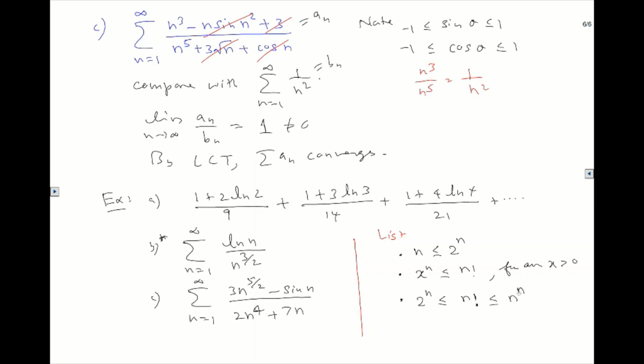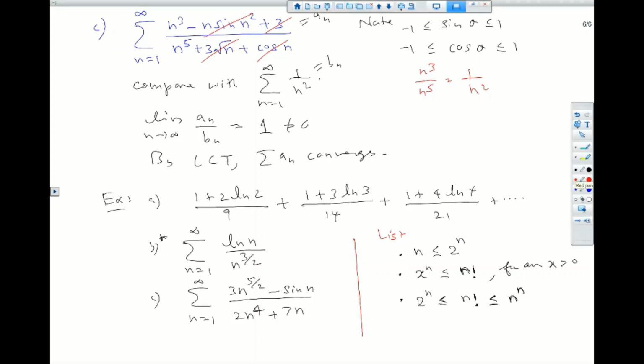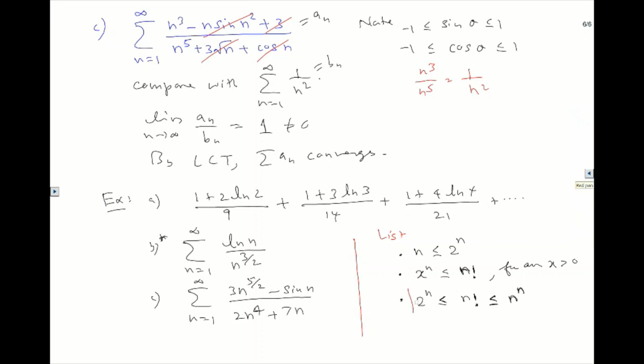So this result is also important when you do direct comparison. Please remember this result. n is smaller than 2 to the n, x to the n is less than or equal to factorial n, and 2 to the n is less than or equal to factorial n. The last one is very important, as it has several results in one.